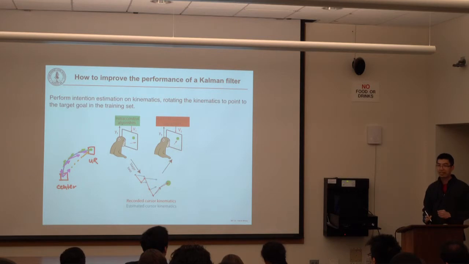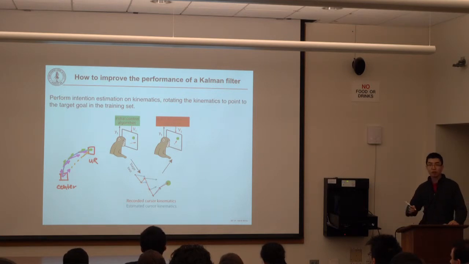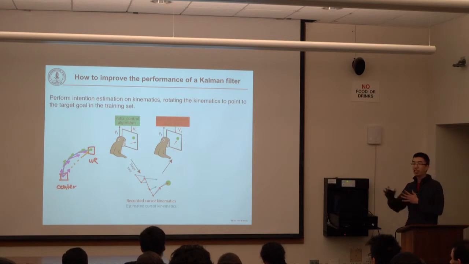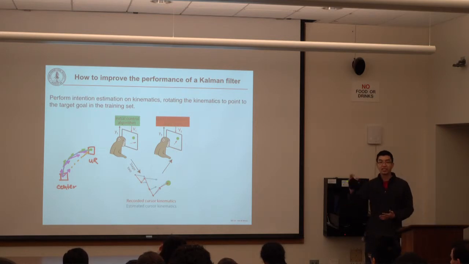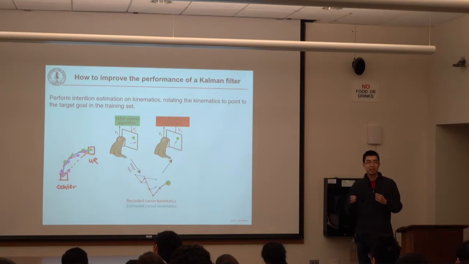All right? In this paper, there's actually a bit of a different way that they do this. They perform two passes of training. In the first pass, they just train a vanilla Kalman filter from the hand data, as we've discussed. Then they run that poor decoder in real-time control.